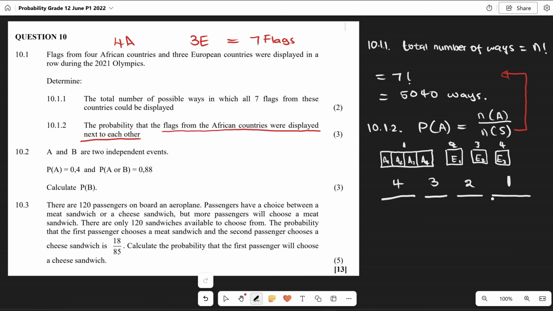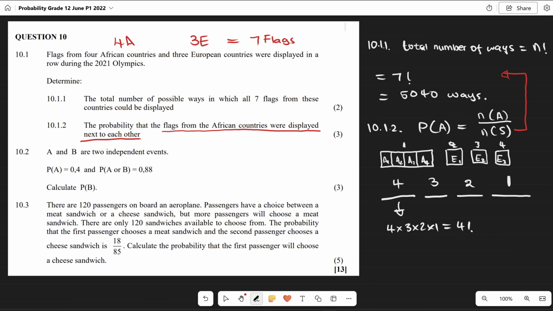But we know that in one of these spaces, maybe right here, we have this item which has four flags inside of it. So how many ways can we also arrange those flags inside that one thing? We have 4 times 3 times 2 times 1, which is 4 factorial.